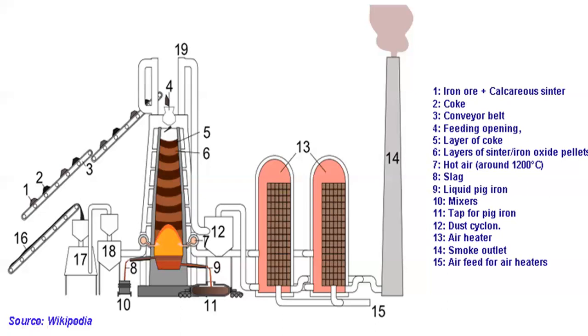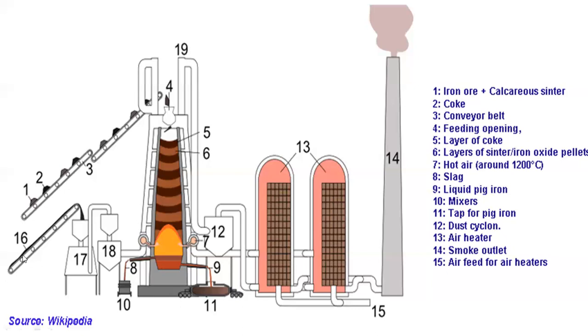The hot blast, which is nothing but the heated compressed air, is introduced from the tuyeres at the lower part. So hot blast goes in from here and the ore comes from the top. Auxiliary reductants, which we normally call fuels, like coal, fuel oil, natural gas, or other alternative sources, can also be injected from the bottom of the furnace.